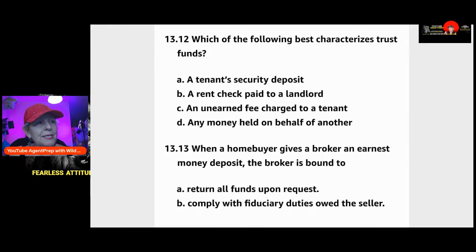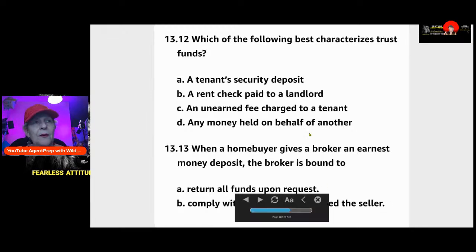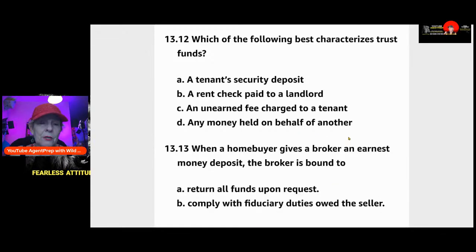Yeah, the answer is D. Any money held on behalf of another is considered trust funds, and it's put into a trust fund. It could be a pet deposit, the last month's rent, a regular deposit, anything that's charged monthly that'll go to the landlord, right? Or for any other things that have to be paid.